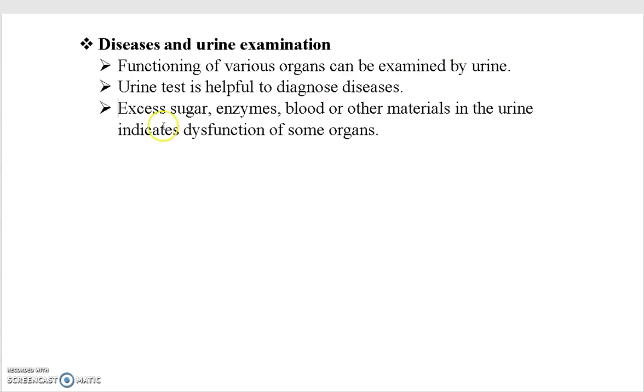If the doctors find any of these, sugar or enzymes or blood or any other such metabolic waste in excess in the urine, then they can find out the dysfunction of the organs accordingly.